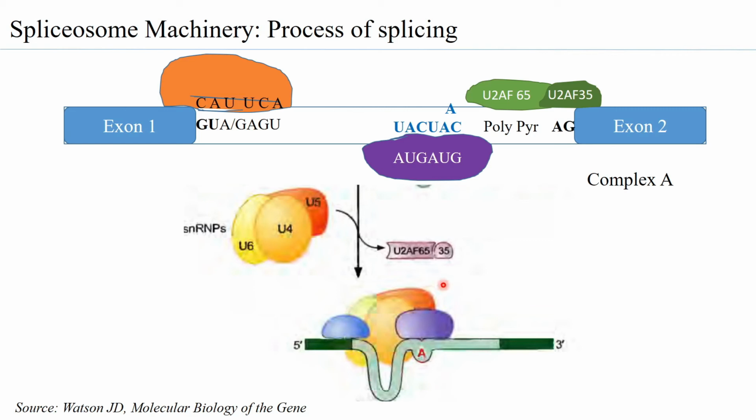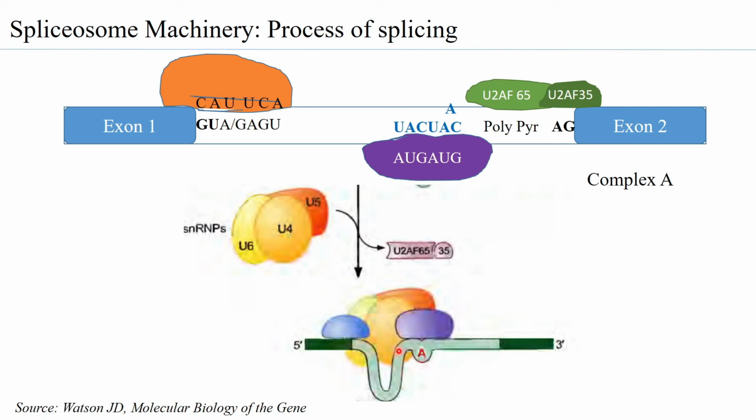So when the tri-SNRP comes, it does one major function, and that is because when the tri-SNRP binds to U2 and it can bind to the 5' splice site, it is basically bringing the 5' splice site closer to the branch point A. Why? Because the tri-SNRP can bind to both U2 as well as to the U1, correct, and the 5' splice site.